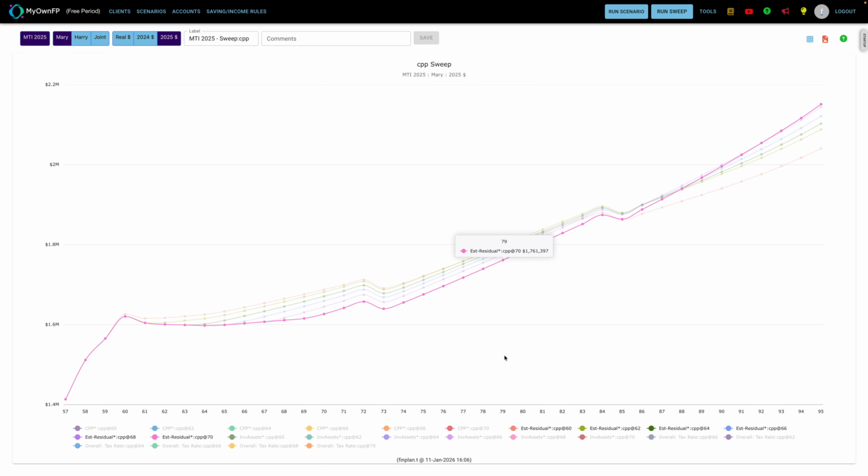And even here, if you look at 1.65, 1.7, you really are $50,000 different between taking it at age 74. It's not significant there. It definitely gets much more significant the longer you live.